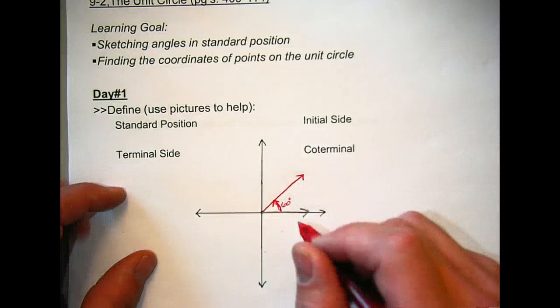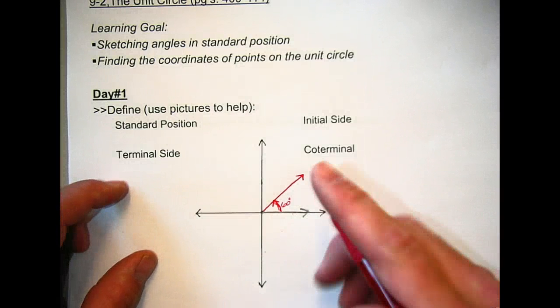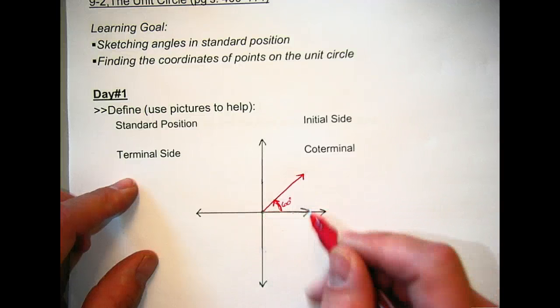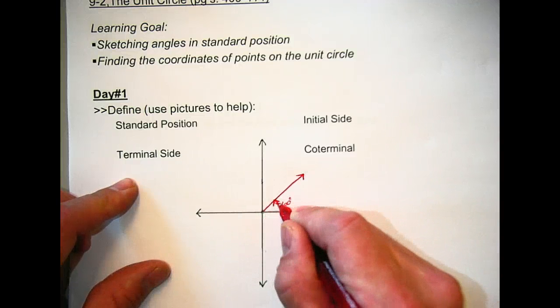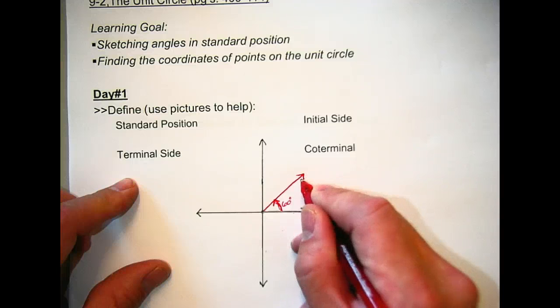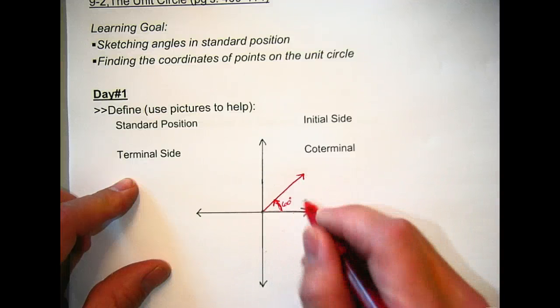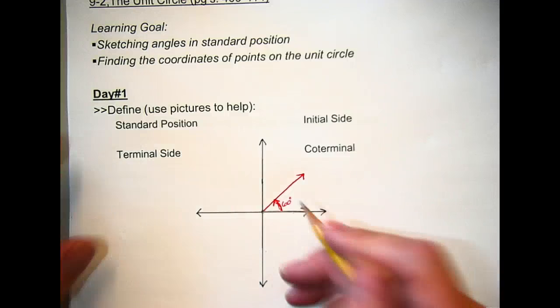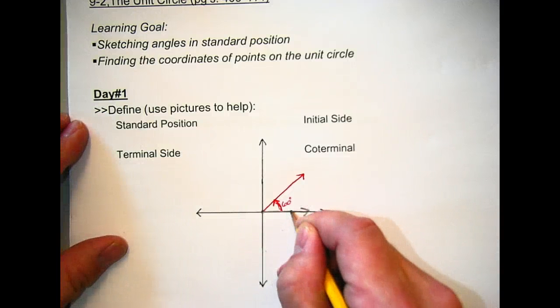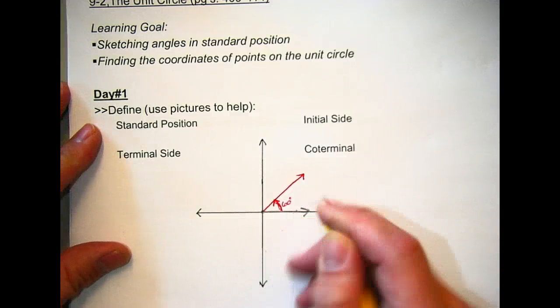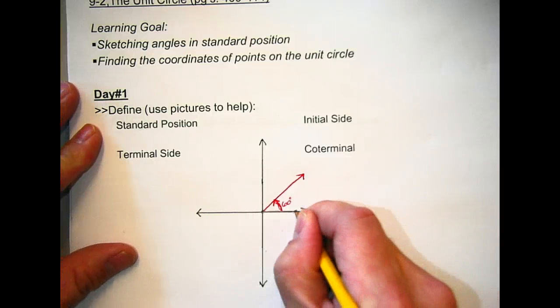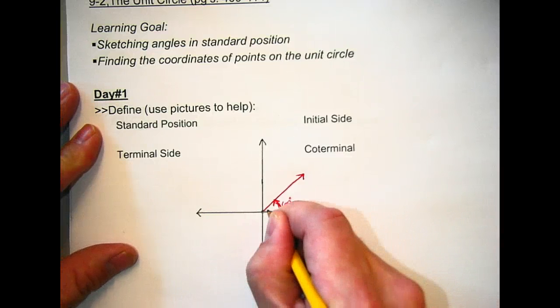If we have a coterminal angle, it means two angles that terminate in the same spot. So for instance, if I have my 60-degree angle, that terminates right there. Another angle would terminate right there if I kept going around the circle. So this addresses your question, Hayden. I start at the 60, and I rotate around.